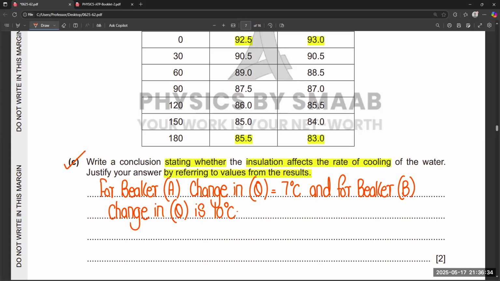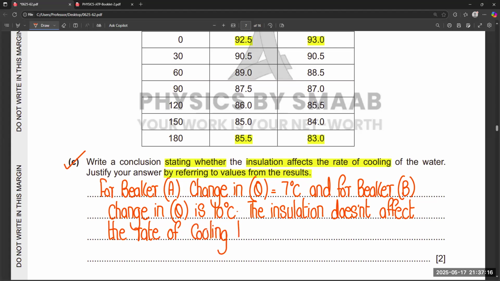So we can say that the insulation does not affect, or we can say has a negligible effect on, the rate of cooling, because the values are close enough.